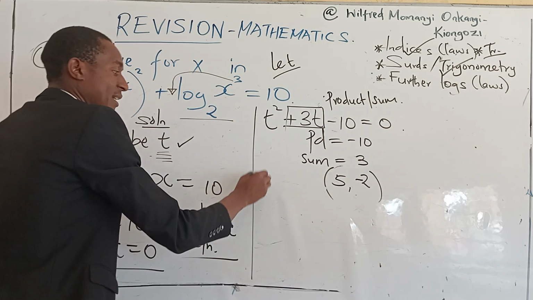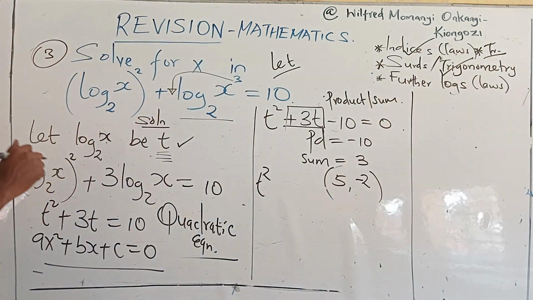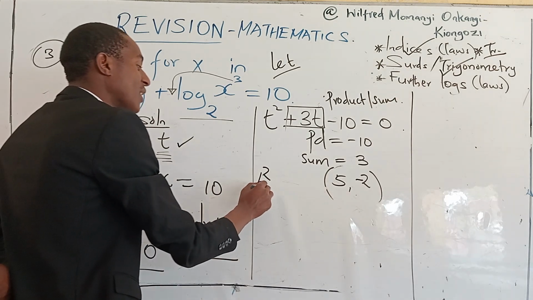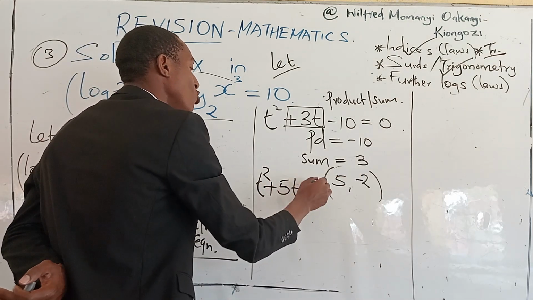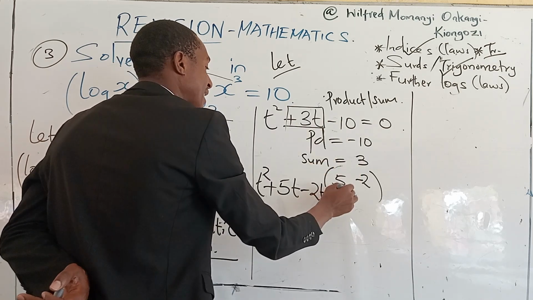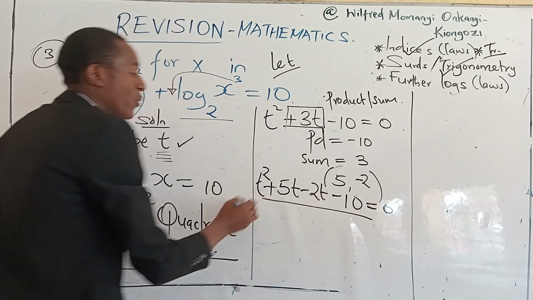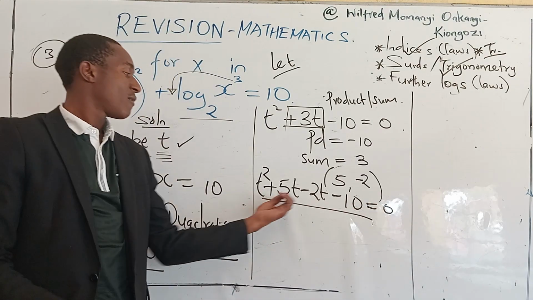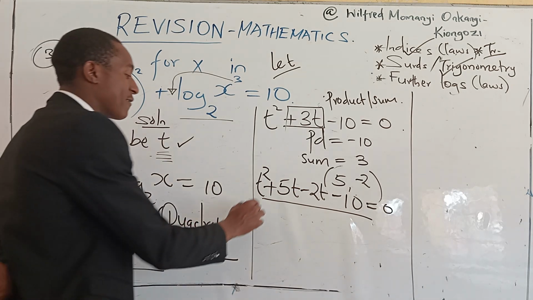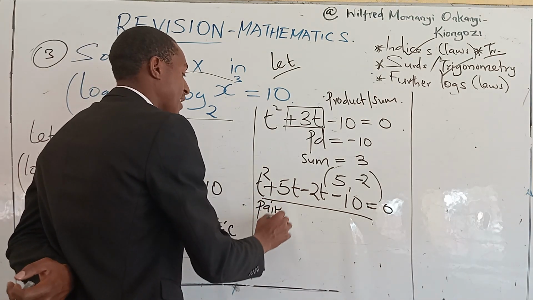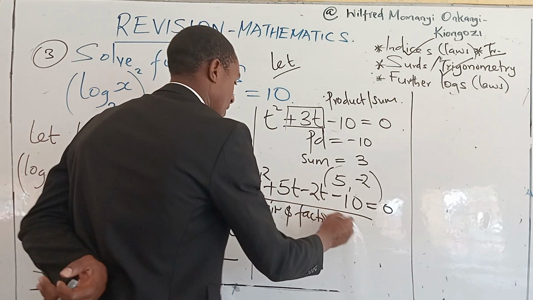So you will have t squared plus 5t minus 2t minus 10 is equals to 0. We have made these values to be 4 terms so that we can pair them up and factorize.